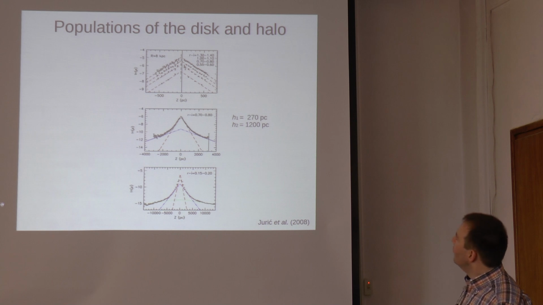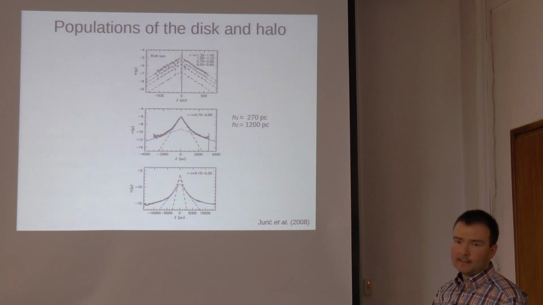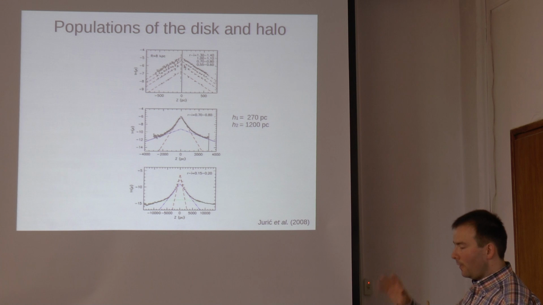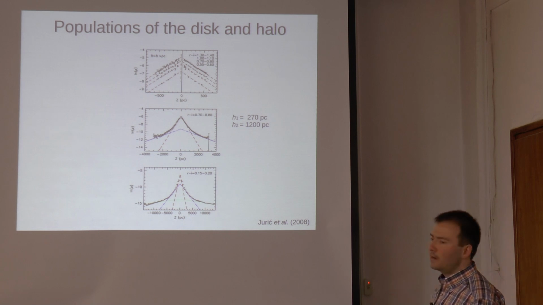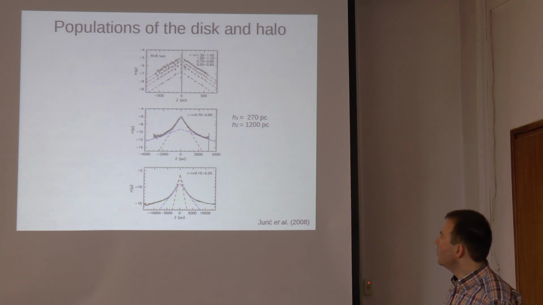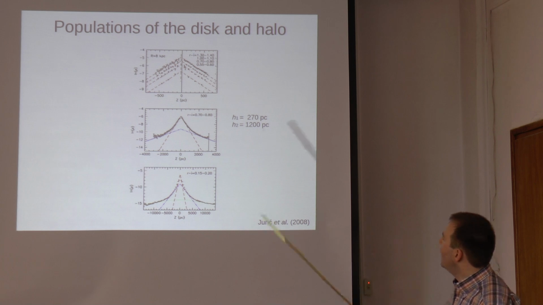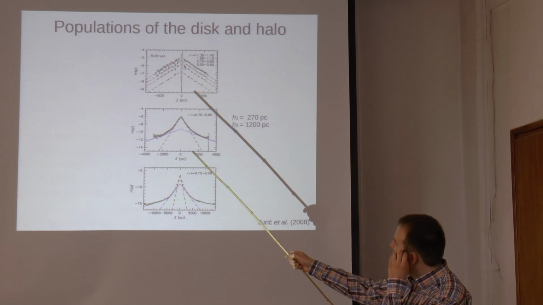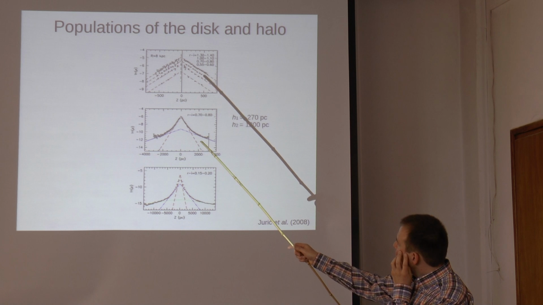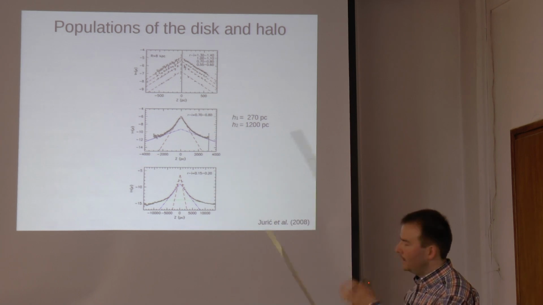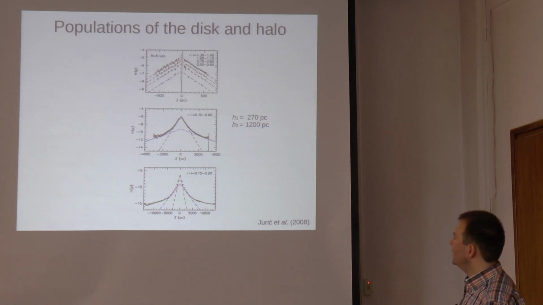Okay, and now we are in the galactic disk. From observations of stars in the solar neighborhood, people found that there are stars from the galactic thin disk, thick disk, and halo, so they have different distributions.